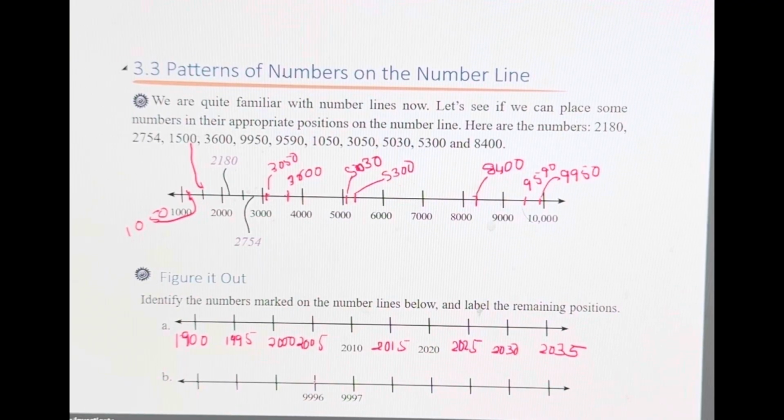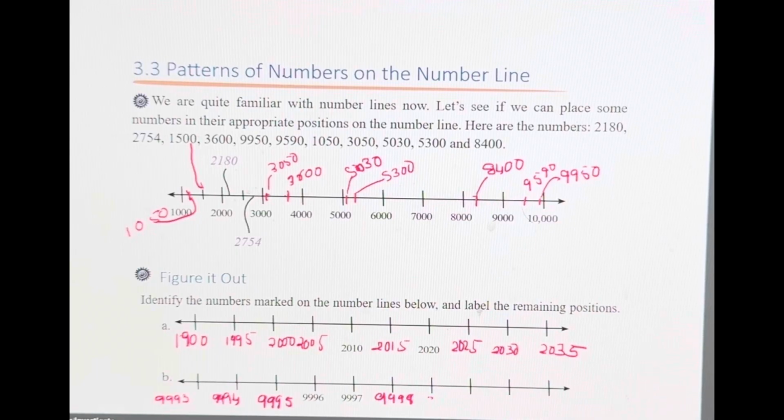Now if we see question number B, there's only one difference, 9996 and this is 9997. So naturally, if we start from here, this is 9995, this is 9994, this is 9993. So if you write from the beginning, this is 9993, this is 9994, this is 9995. Right, so next number will be 9998.